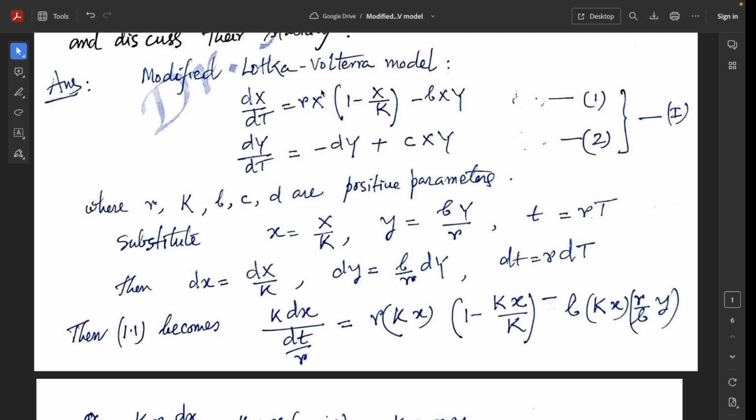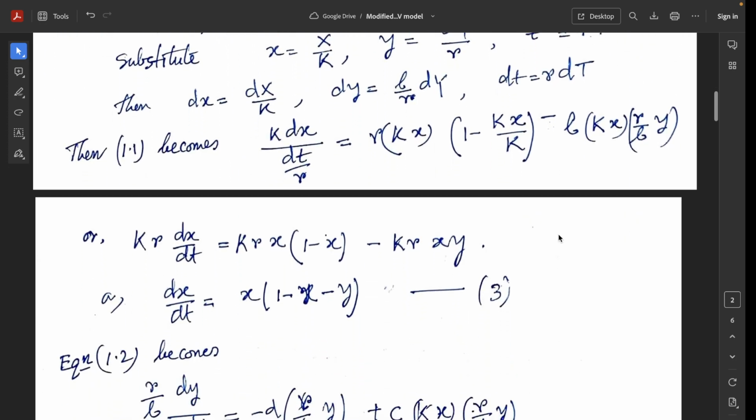So this equation 1 becomes: we put K into d small x, and for dT we put 1 by r d small t, and r into capital X times (1 minus capital X by capital K). So put capital X equal to K small x, and capital Y equals r by b into small y.